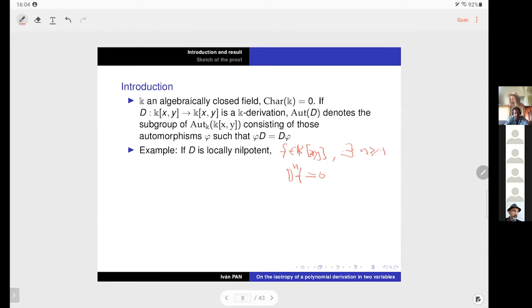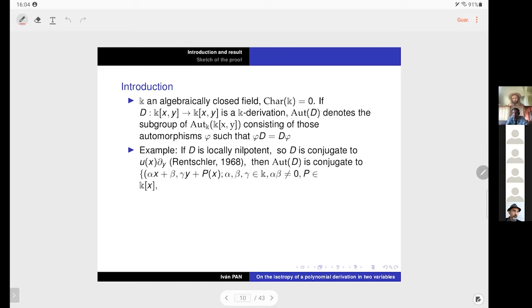So D is conjugate to a derivation of this particular form. This is a classical result by Rentschler. This is valid only for two variables. For polynomials in three variables or more, this result is not true. It's only for two variables.